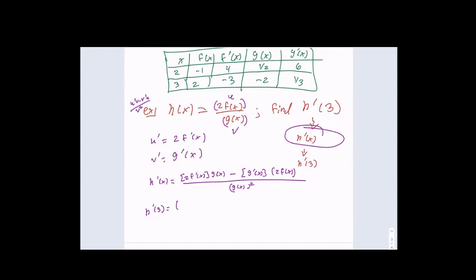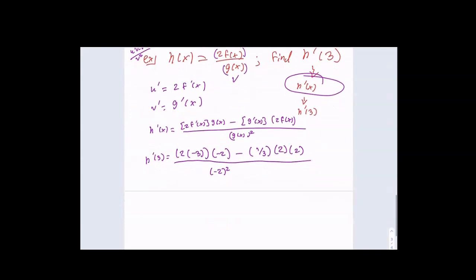Would it be 2 times -3 times -2 minus 1/3 times 2, all over -2 squared. Perfect. Of course, that's an ugly answer.